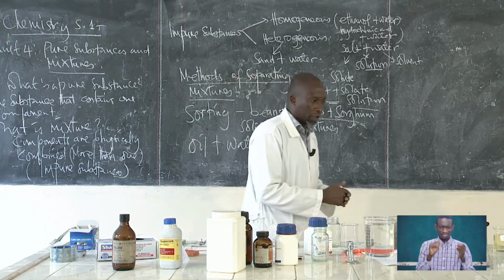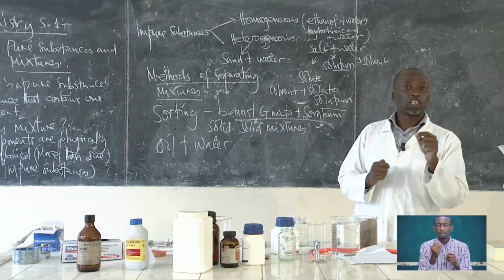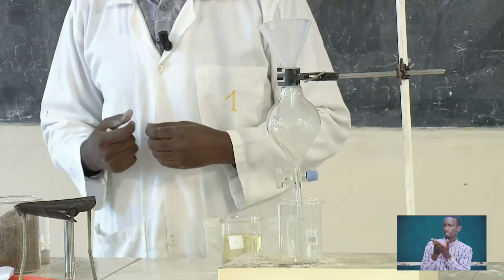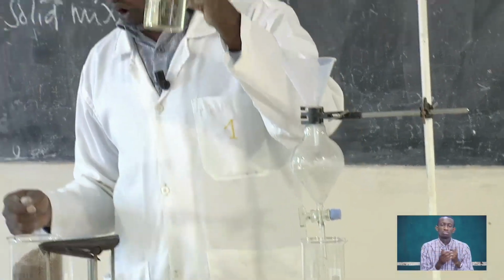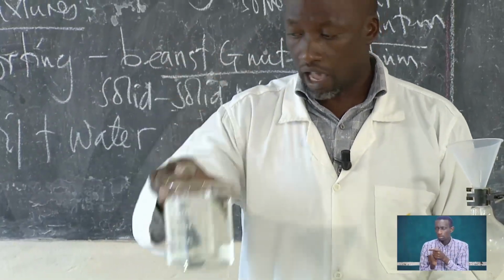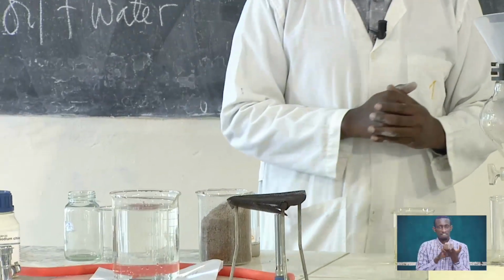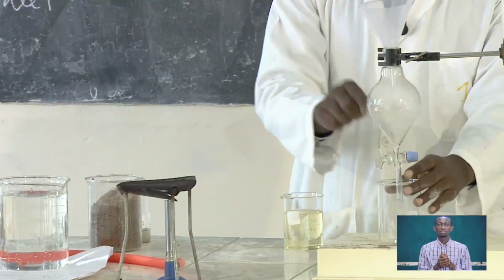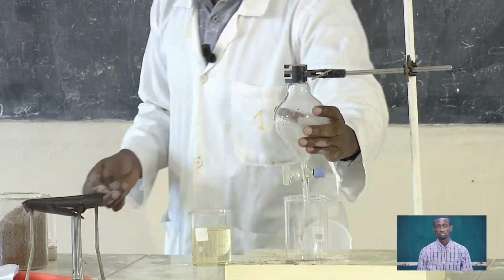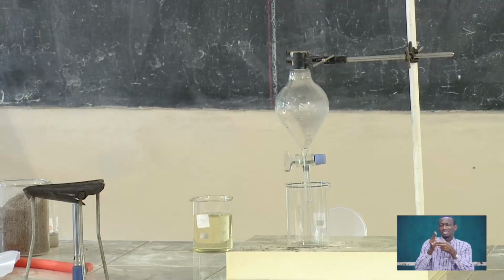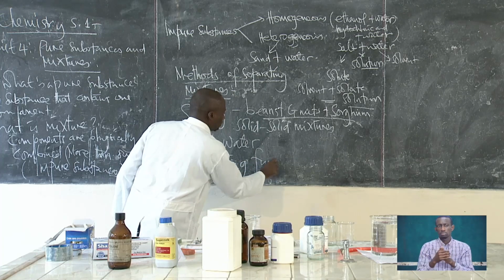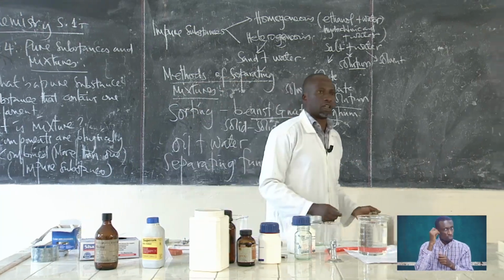So this is what we do in the lab, but I don't think you'll have this in your kitchen. But I'll talk about what you can do later on as we continue. So this is oil, this is water, and we are just going to mix them together in this container. This container here is called a separating funnel. When you hear the name separating, it gives sense.